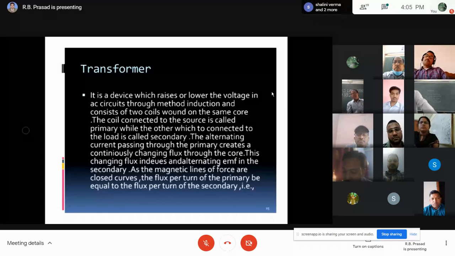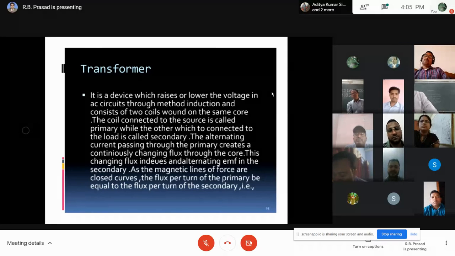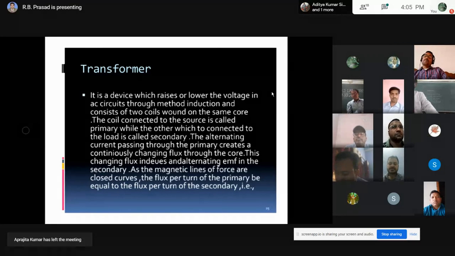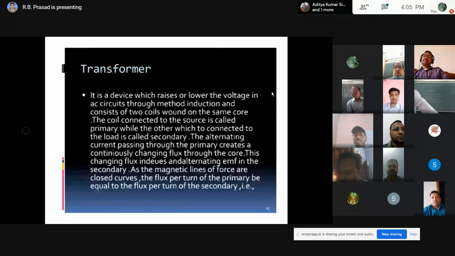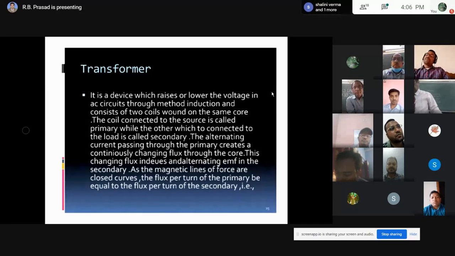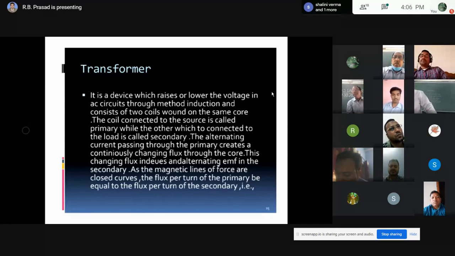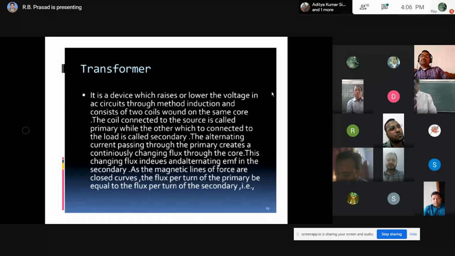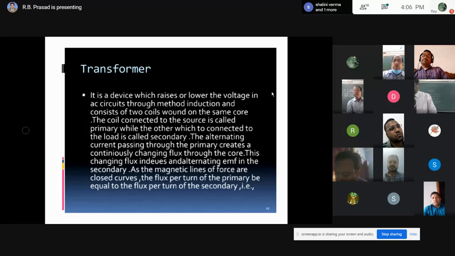The alternating current passing through the primary creates a continuously changing magnetic flux through the core. If we connect the alternating current in the primary, alternating current is a variable current, so it creates continuously changing flux through the core.